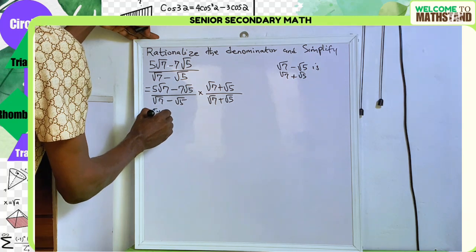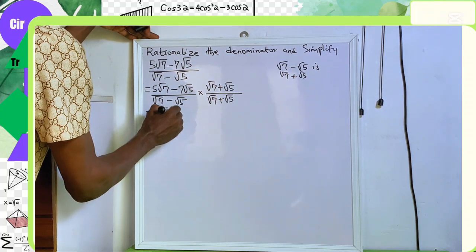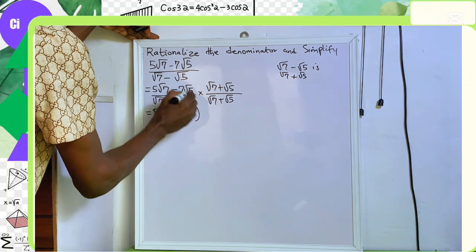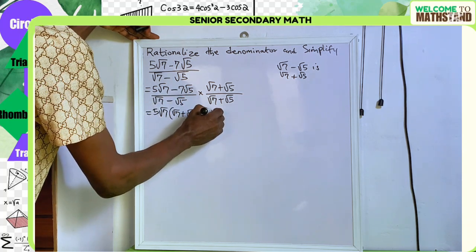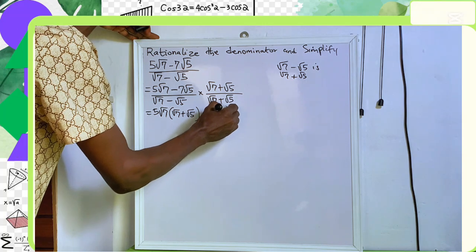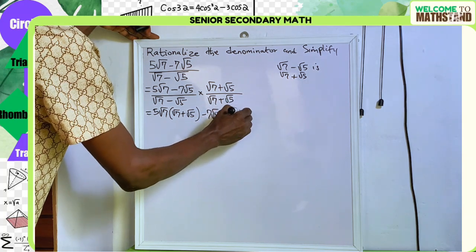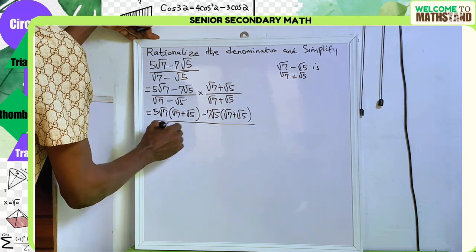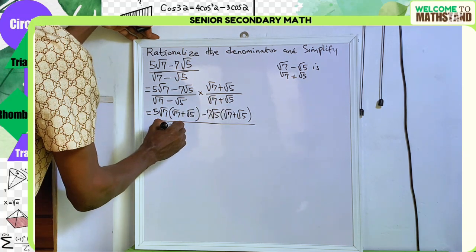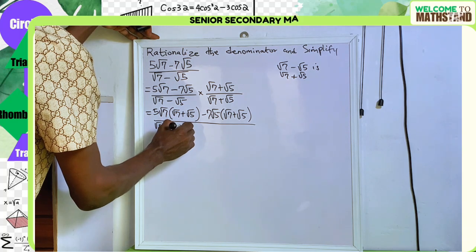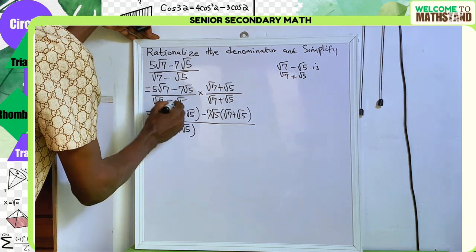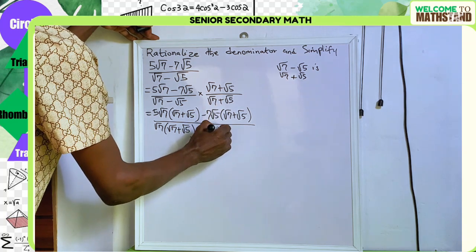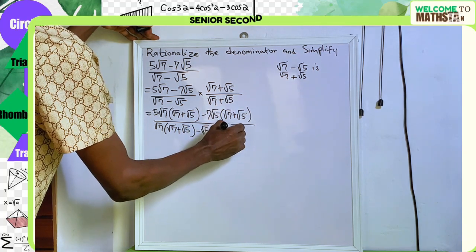So the first one, 5√7 times (√7 plus √5), then minus 7√5 times (√7 plus √5), over √7 times (√7 plus √5), then the second one minus √5 times (√7 plus √5).